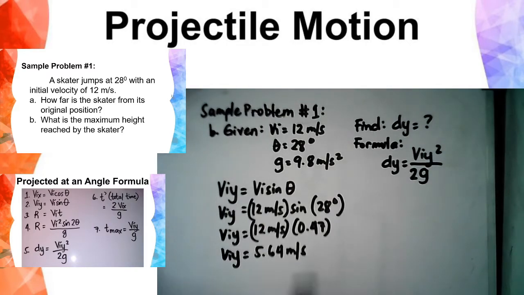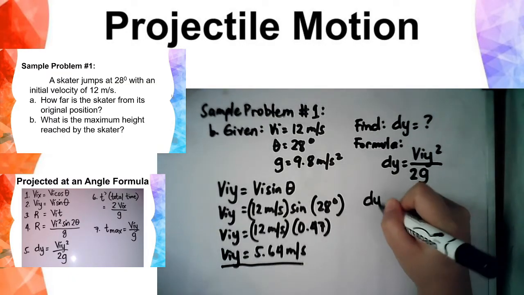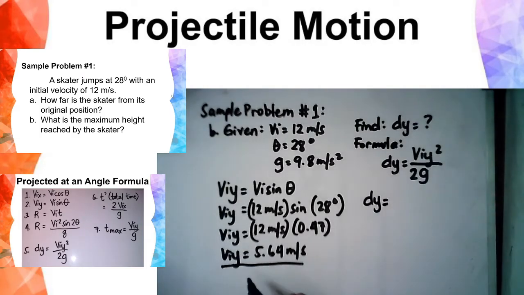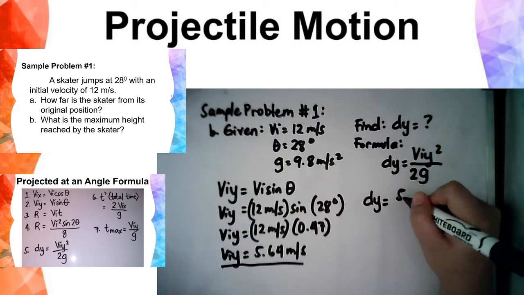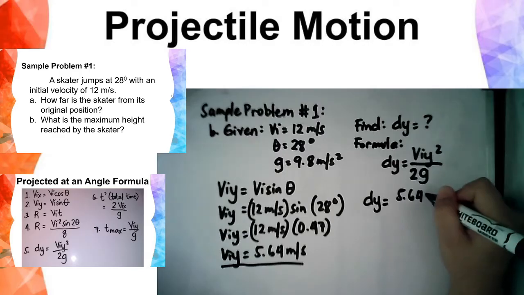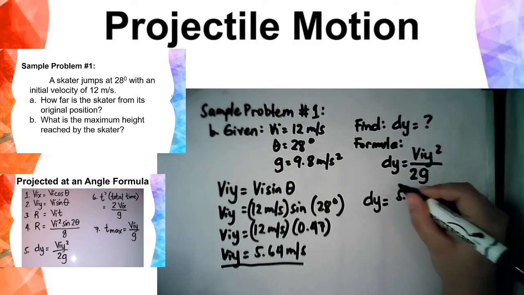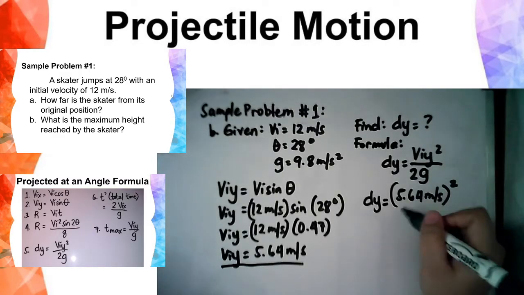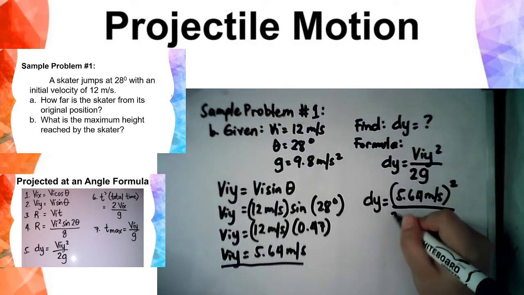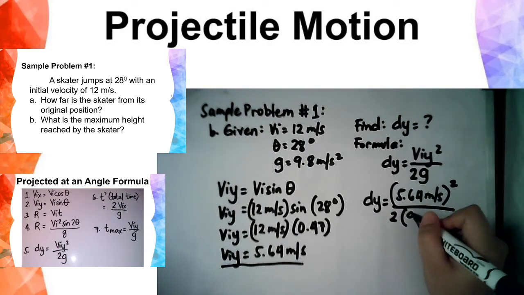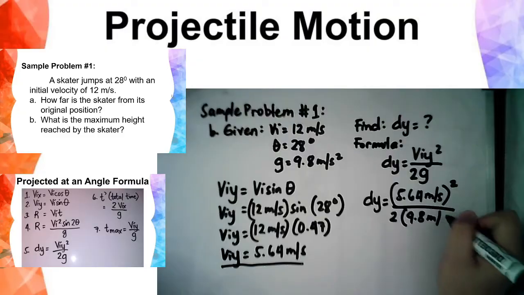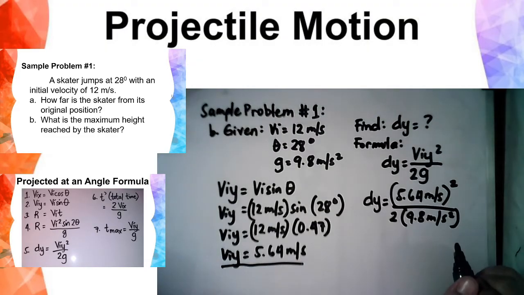Okay, next. Dahil meron na tayong viy, pwede na tayo mag-proceed dun sa ating formula. So you have here dy is equal to the viy. So this is 5.64 meter per second. Squared muna natin yan. Squared. Divided by 2g. So you have 2 times 9.8 meter per second squared.